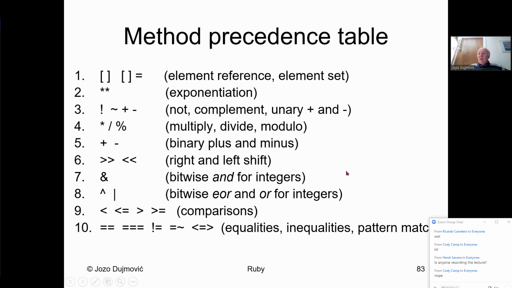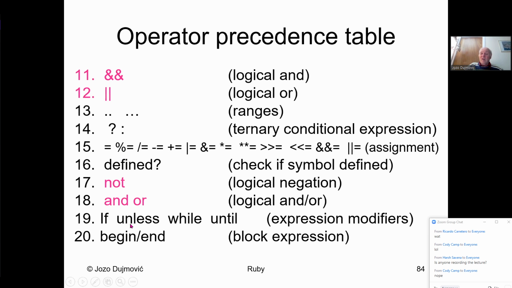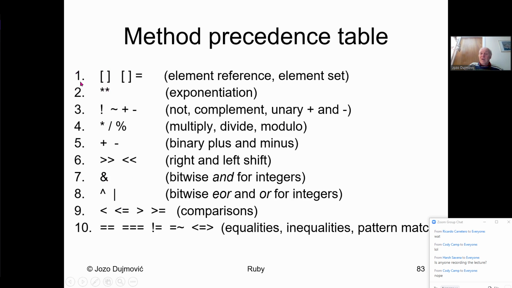Method precedence table. Well, you remember that some precedence tables are very modest. In the case of Scheme, we have that the precedence table is a little bigger, but in the case of Pascal, it has only 5 lines. Here, there are 20 lines. In the case of Fortran 77, 10 of them, and here is 20.